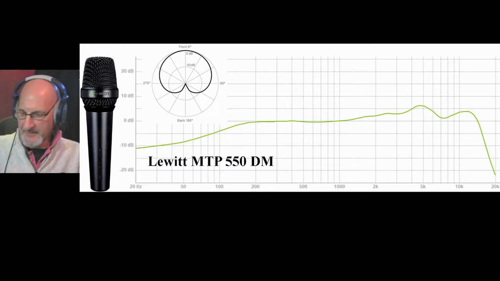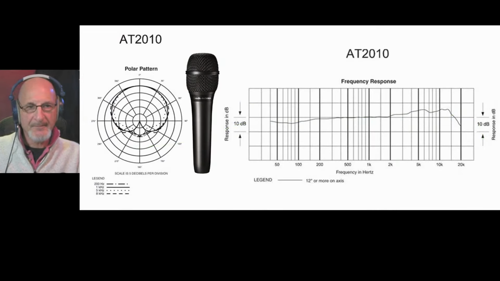The next microphone is an Audio-Technica 2010, which is another front address. This is a cardioid dynamic microphone, about $120, with a bit of a different frequency response. So that goes up 4 dB at about 13K. It's nearly flat at 7,200. There's a bit of a dip in there. And so these are different voicings that will complement different kinds of voices and instruments.